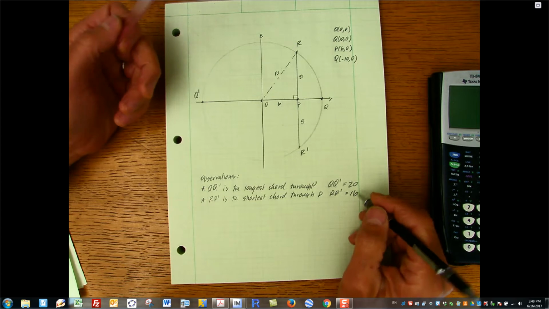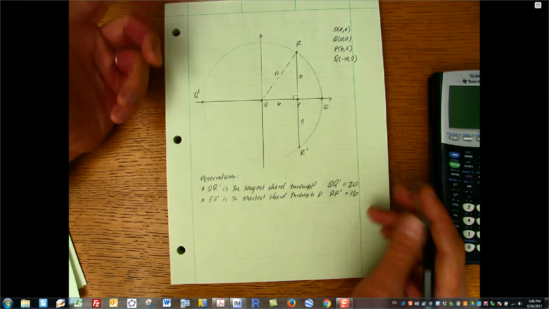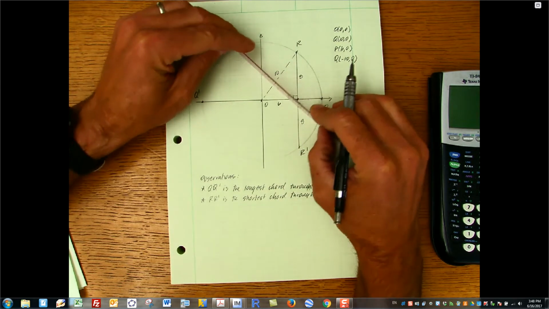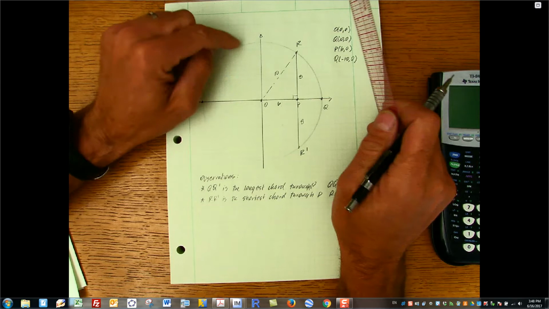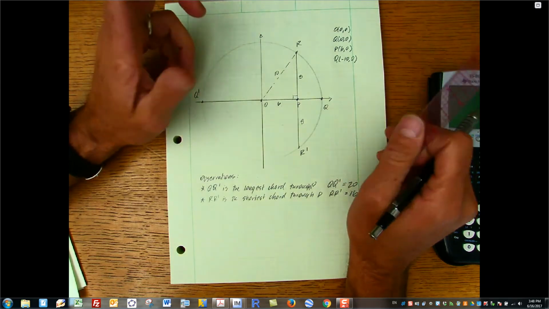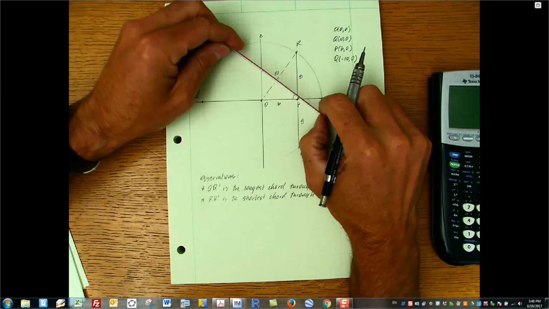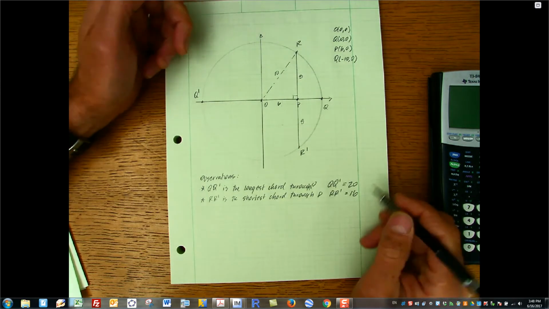So let's think, 16, 17, 18, 19 should be integer lengths that we could find somewhere through P. We're not actually asked to find those locations, but I think we could reason that definitely there's going to be some angle at which we will pass through the integer lengths 17, 18, and 19.